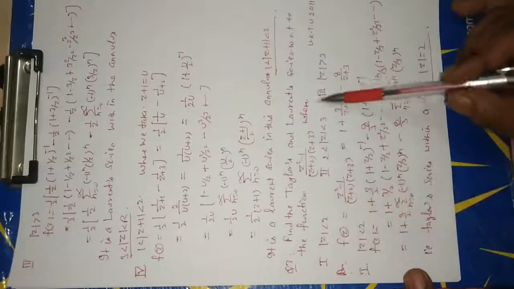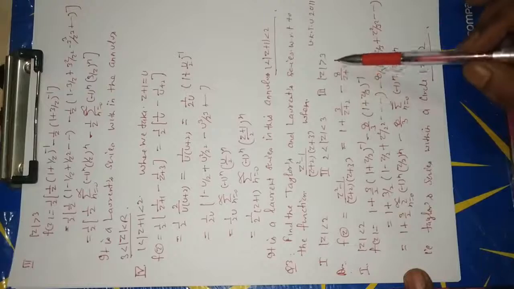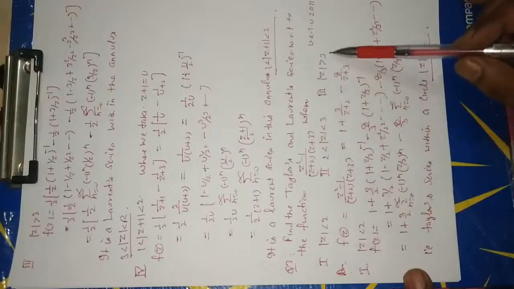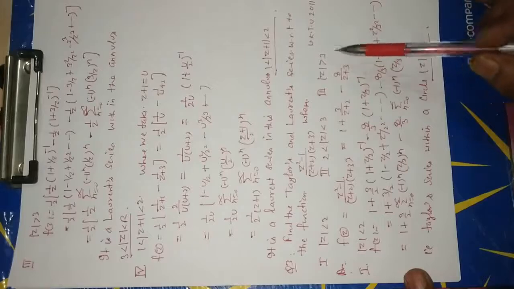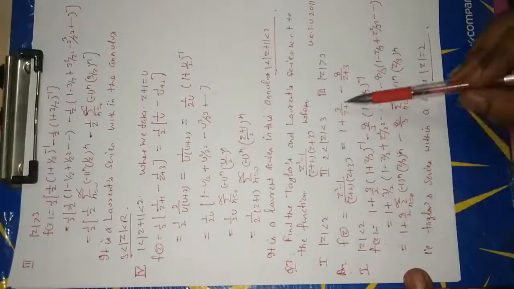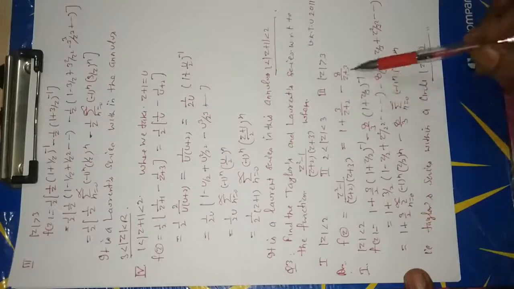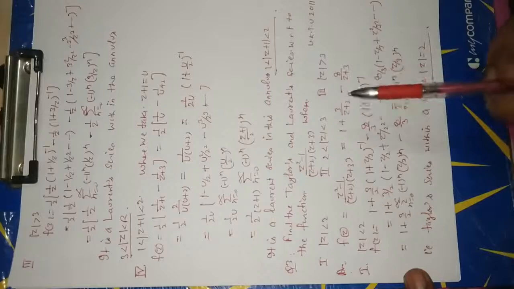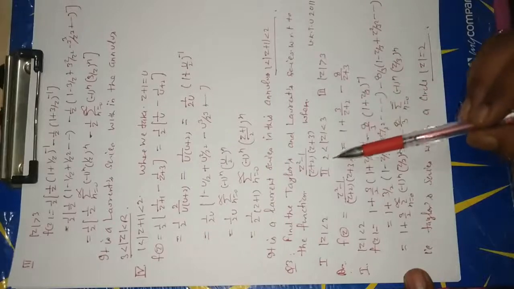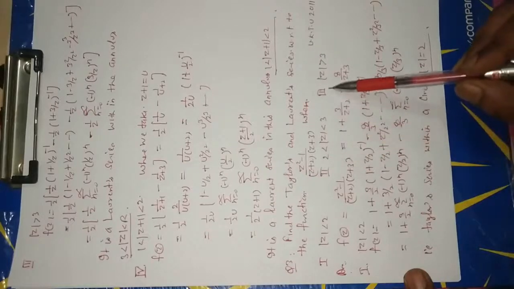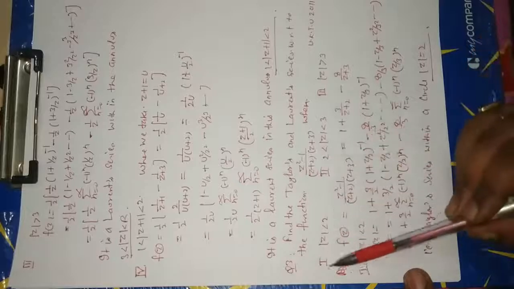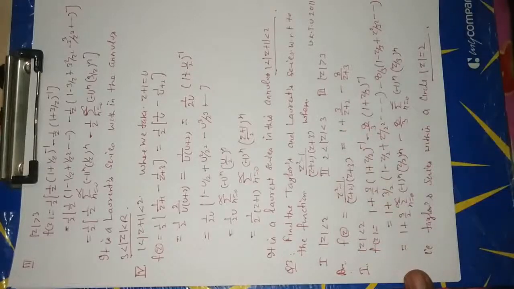In the third part, since z is greater than 3, therefore it will be greater than 2 also. Now in third part, we take common z in both cases. Okay, students? Therefore, we can solve second and third part as well as part number first. Okay?